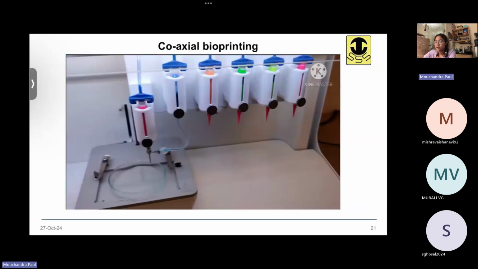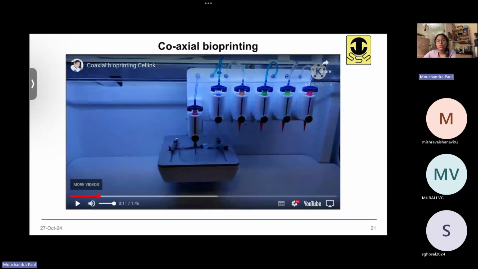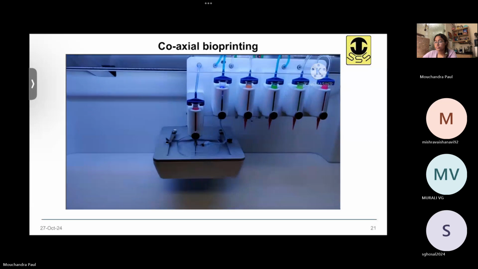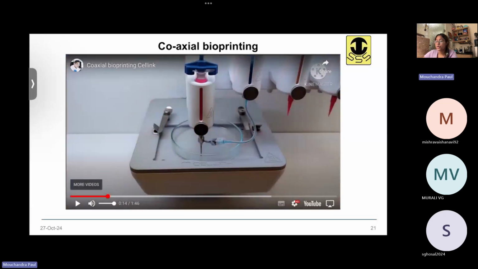You see, the person has to use two print heads. One printhead is containing, let's say, the core material. Another printhead is containing the shell material, and they are hooked to each other using a coaxial needle. Okay, this is the coaxial needle. There are two inlets, but there is only one outlet, and the outlet has a concentric circle configuration.